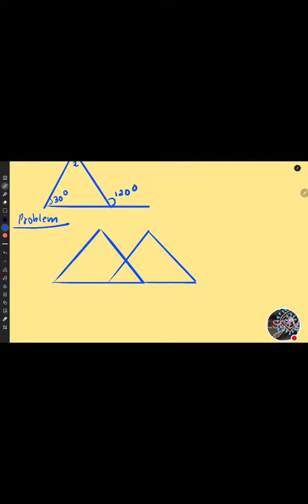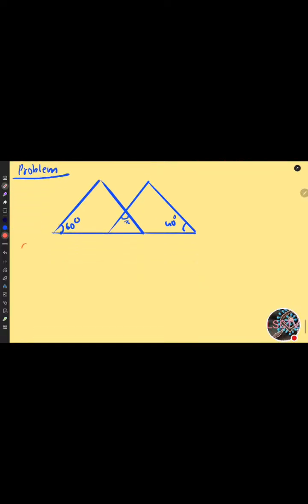Find the measure of this angle x if this is 60 degrees and this is 40 degrees. Okay, this one is also reduced. I'll just solve it. Come on.